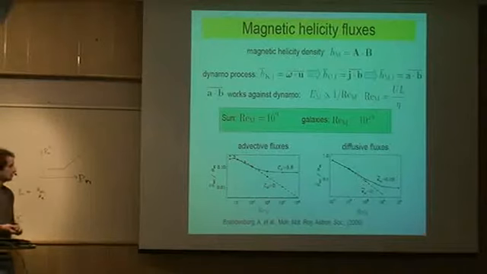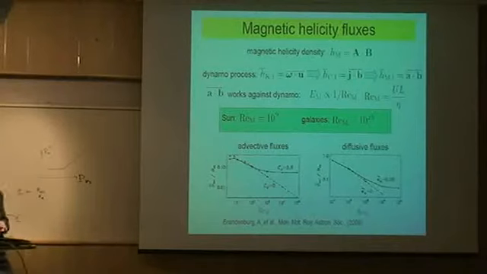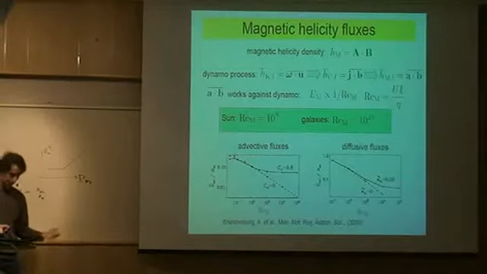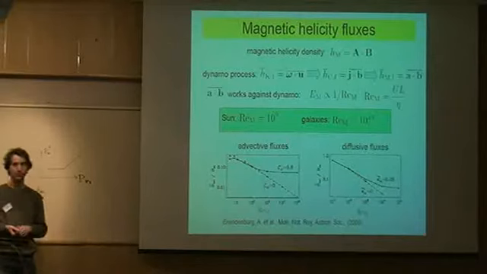Now, what I show here is some work which we did in 2009 with Axel and Piali. There was a one-dimensional nonlinear dynamo where the forcing came with kinetic helicity, where we injected kinetic helicity, and that's where the energy came from.